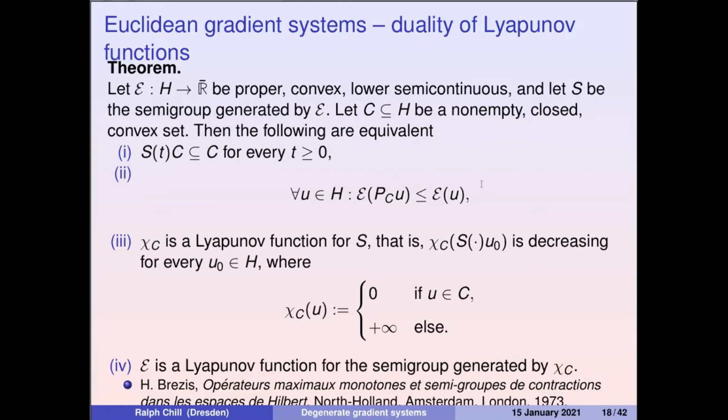This is equivalent to checking an inequality 2, and here P_C is the orthogonal projection onto the closed convex set C. And for the positive cone, the orthogonal projection is just taking the positive part. So it's a special case of this more general theorem.